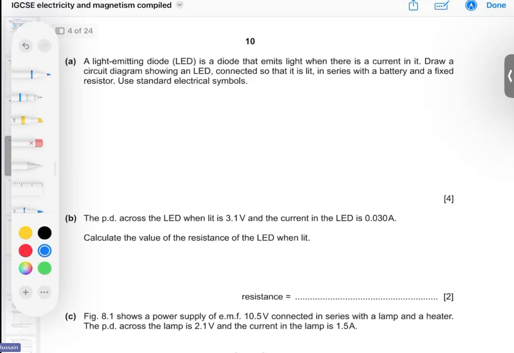LED is a diode that emits light when there's a current in it. Draw a circuit diagram showing LED connected so that it is lit in series with a battery and fixed resistor. 4 marks.